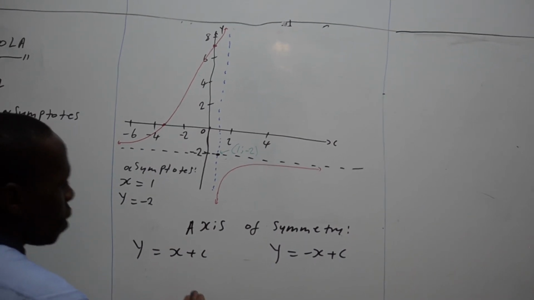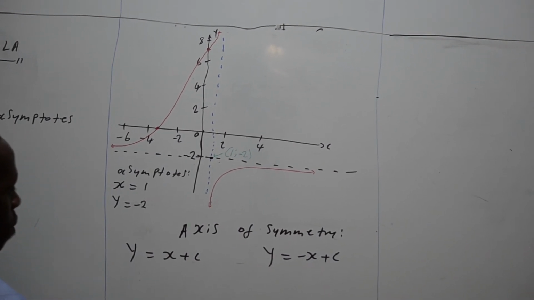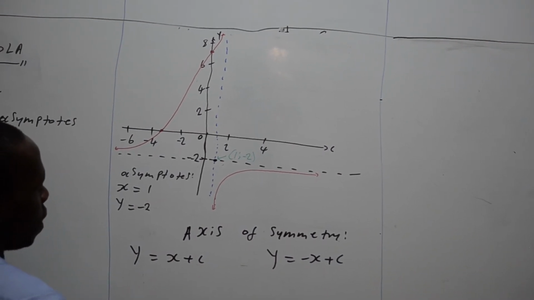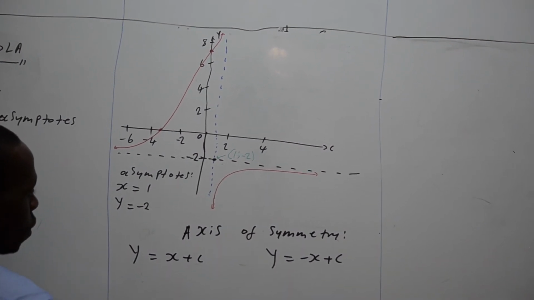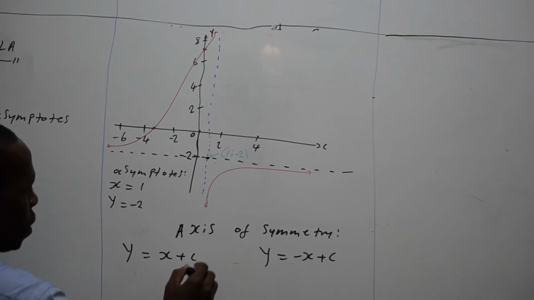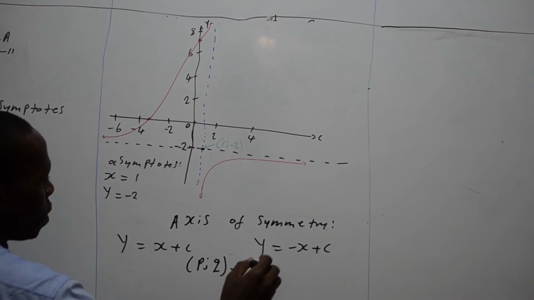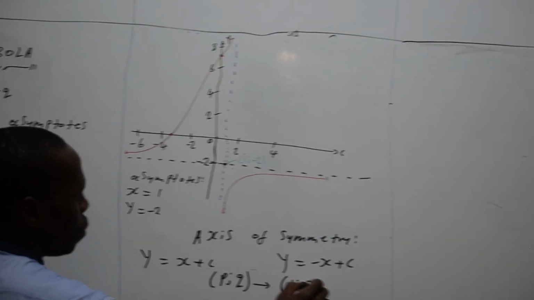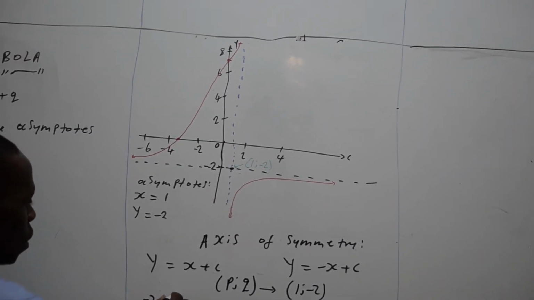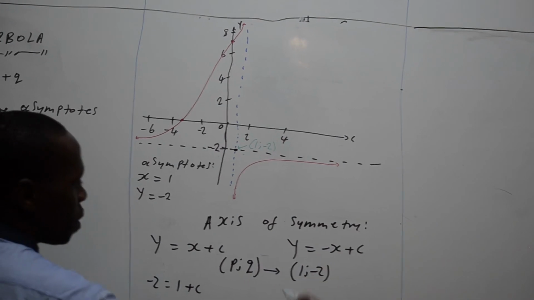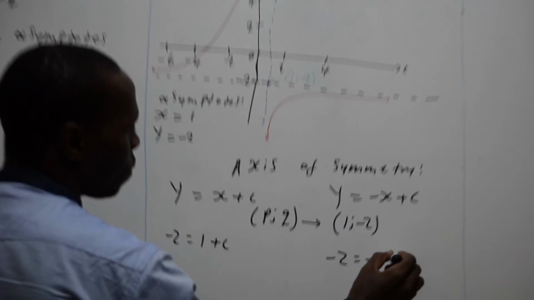But for you to find c in these functions, you need a point. c is the only unknown in these equations. But where do these graphs pass? You find c using the point of the asymptotes. Definitely keep that in mind. So you use the point p, q, which in this case is 1, minus 2. For you to find c here, your y is minus 2 and your x is 1, plus c. On this side, your y is minus 2 and your x is 1 plus c.